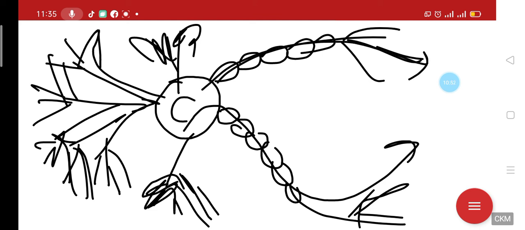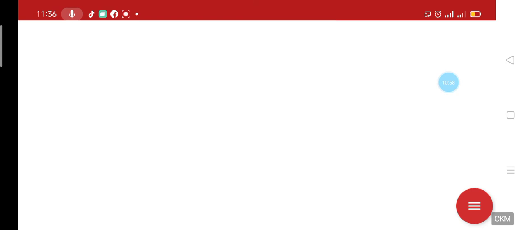So such interneurons have many dendrites and many axons.